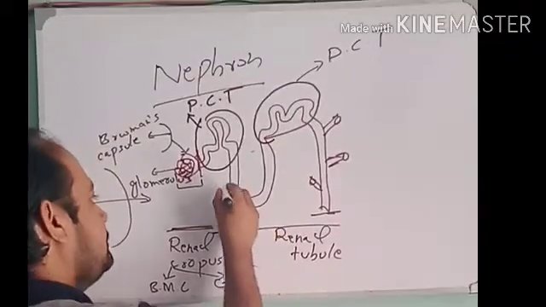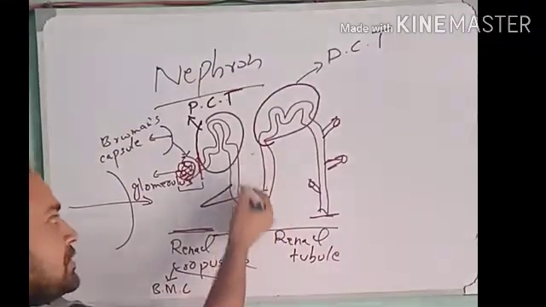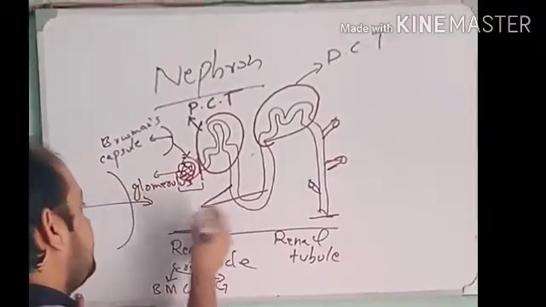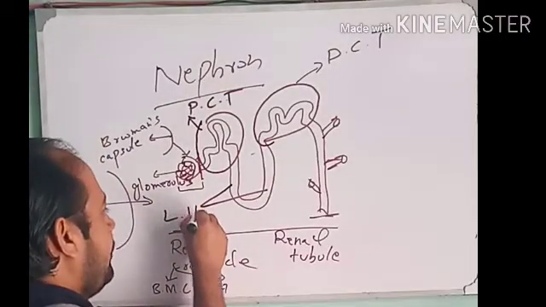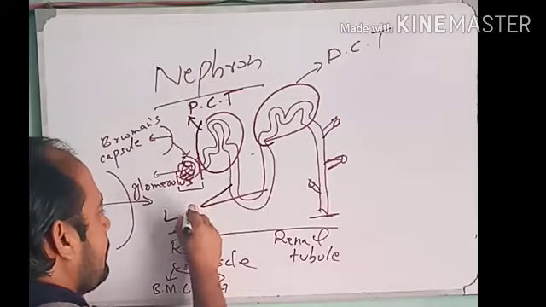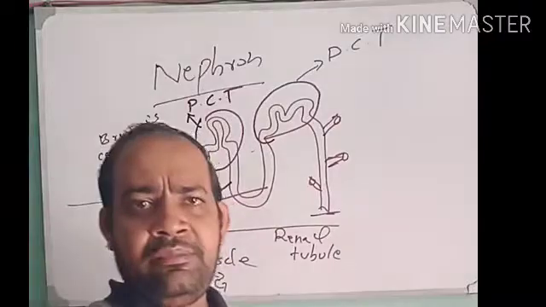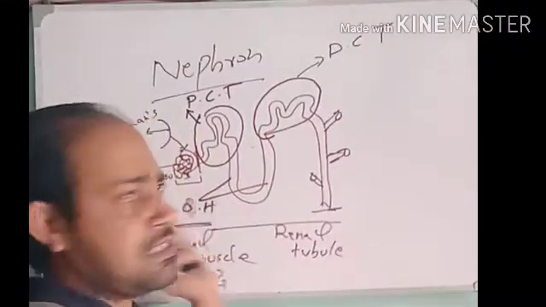Between the proximal convoluted tubule and distal convoluted tubule, there is a U-shaped portion. The U-shaped portion of the renal tubule is called loop of Henle because a scientist named Henle described it.